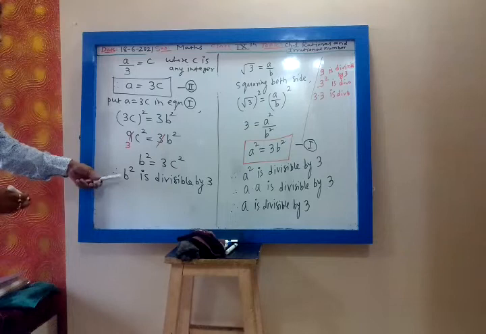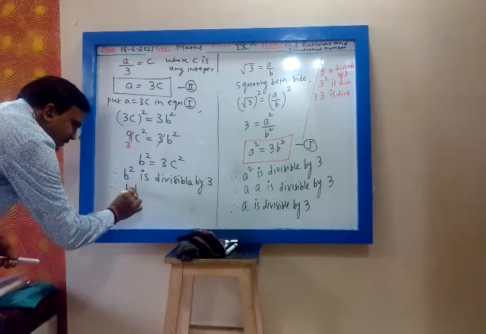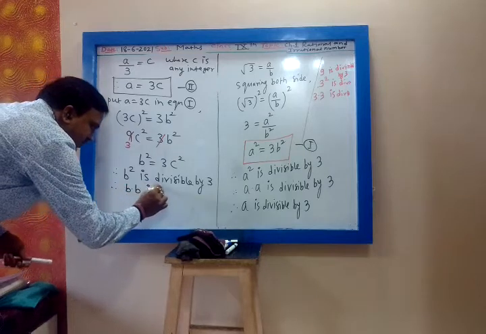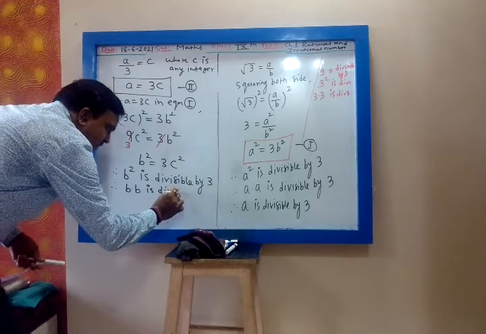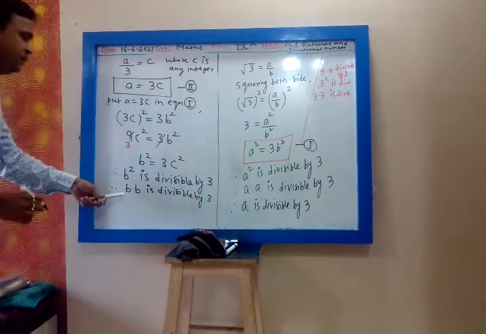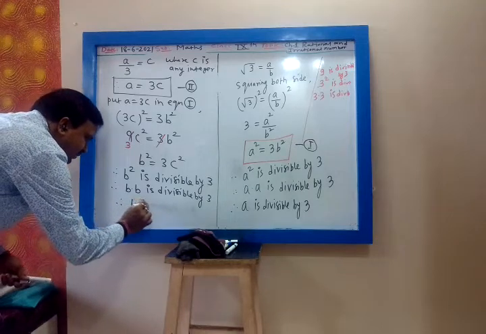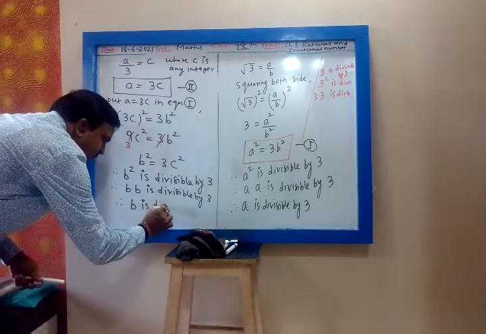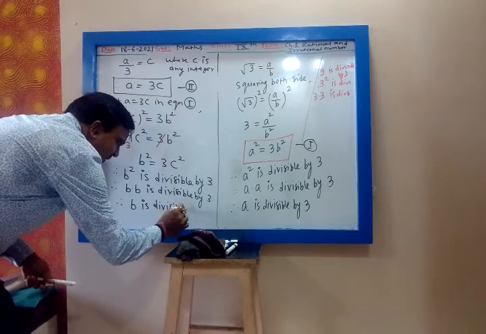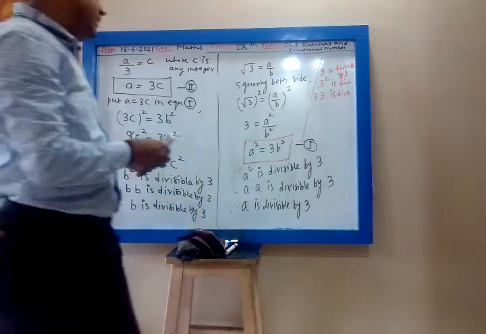So if B square, that is B into B, is divisible by 3, that means B is divisible by 3.